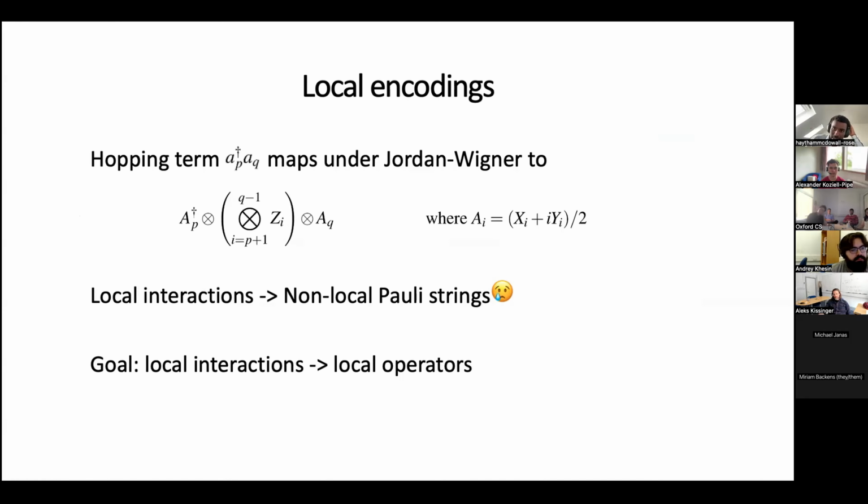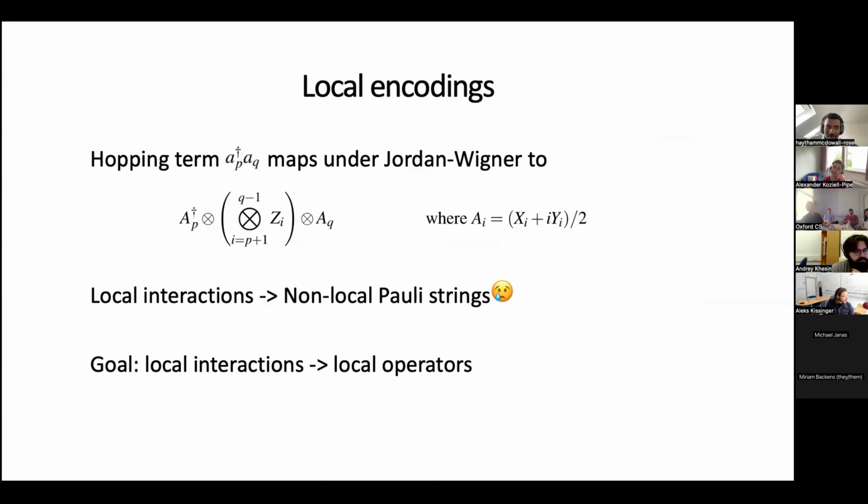and that's once we've picked an ordering of how we're going to order our fermions. We have to have one of those at the start. Otherwise, how will we know where to put the Z's? But anyway, the thing that we want to get rid of is these big chains of Z's, or at least make them smaller somehow.